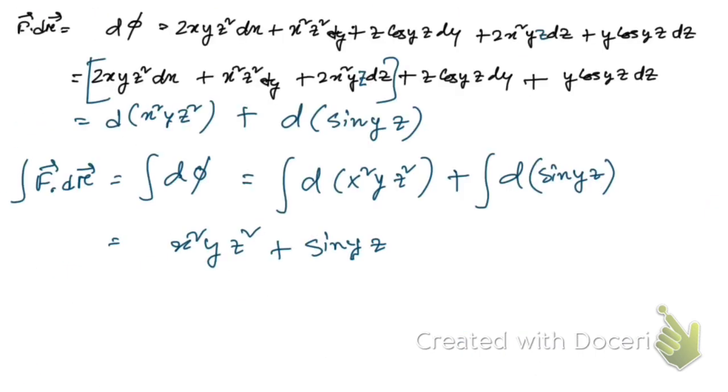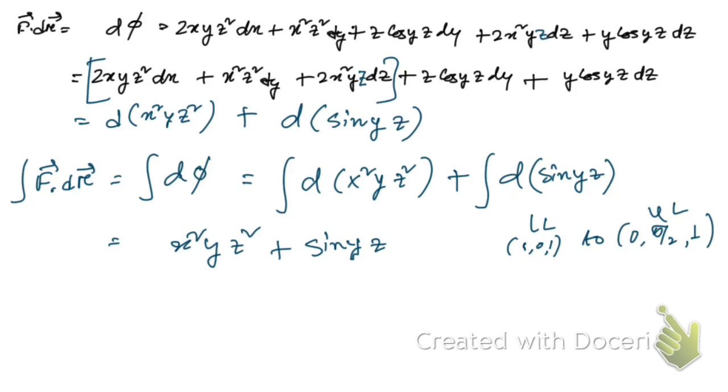We need to integrate from 1, 0, 1 to 0, pi by 2, 1. These are the 2 points between which we need to find the integration. This is the upper limit, this is the lower limit, right?